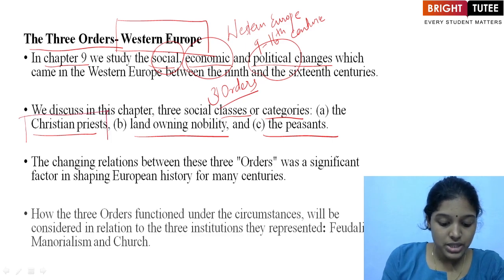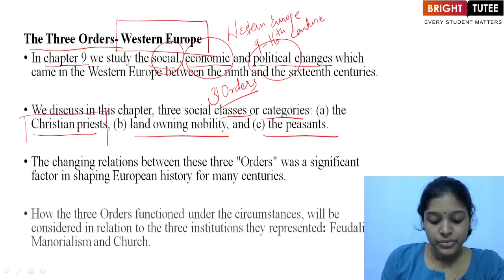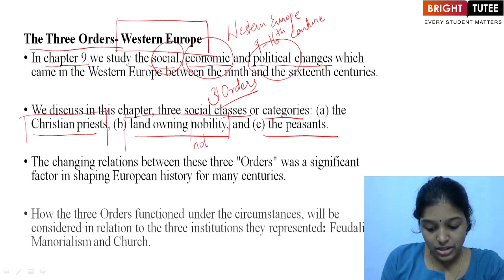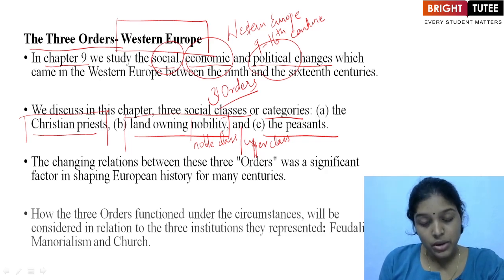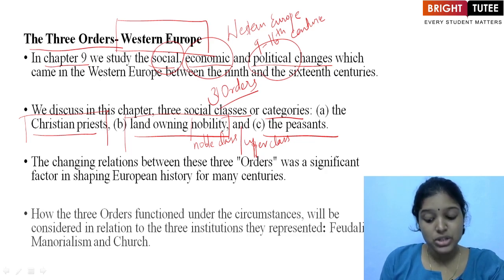The Christian priests are the first order. Then we have the land owning nobility. So the noble class, who are the upper class, rich and elite people of the society, are called nobles or nobility. And they were an elite section because they had access to land and they were very influential.